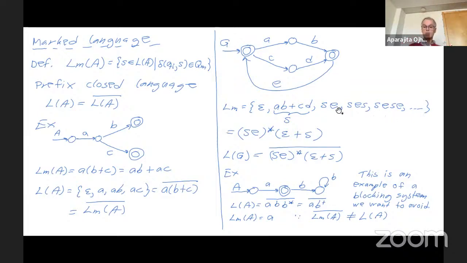And by this structure, we see here that you can actually take a number of SE repeated, including the empty string. So here you have epsilon, SE, SE, SE, and a third time, a fourth time, etc. That is generated by SE star, the Kleene closure of SE.